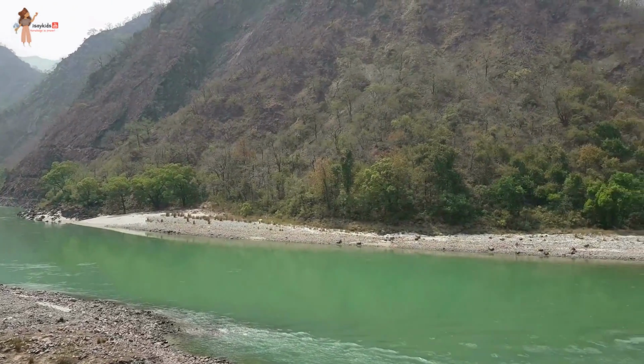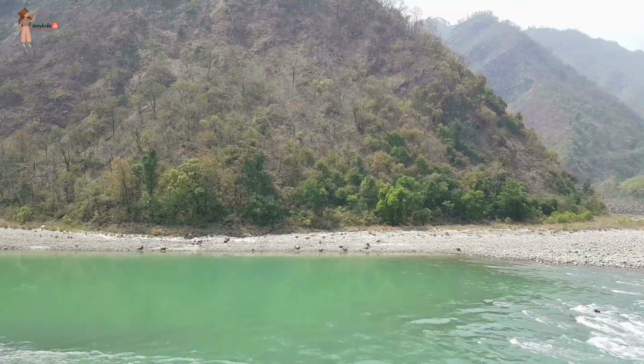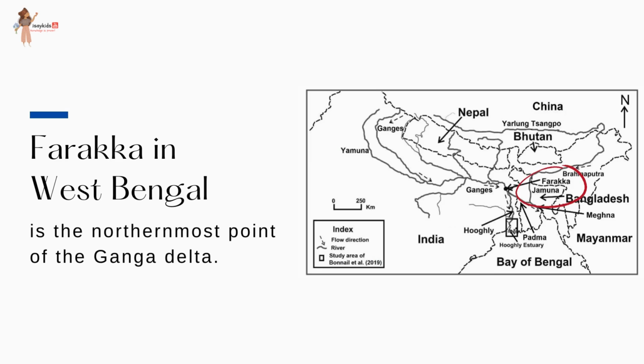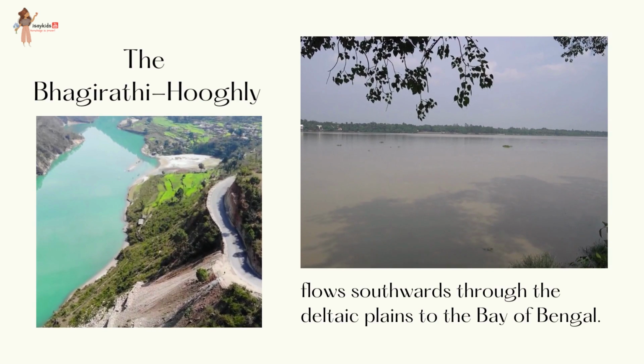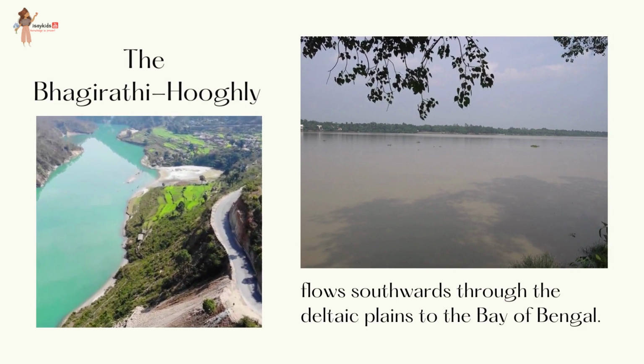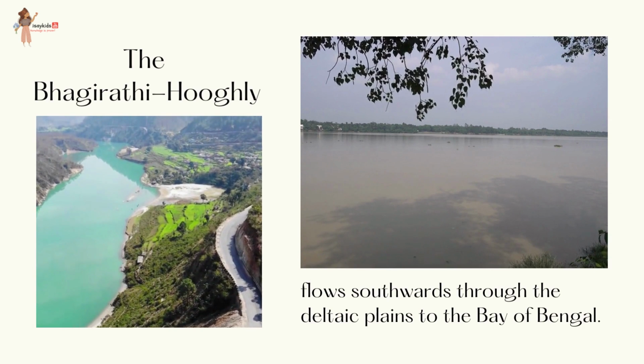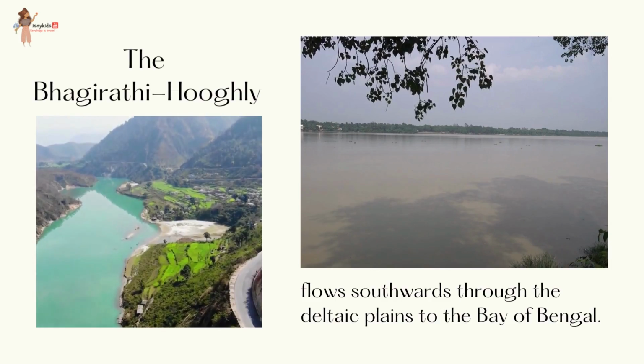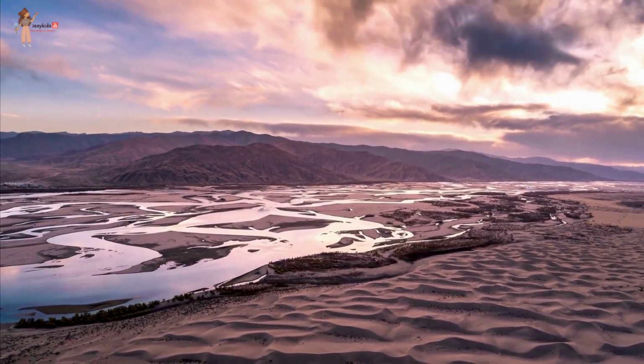Enlarged with its water from its right and left bank tributaries, the Ganga flows eastward till Farakka in West Bengal. This is the northernmost point of the Ganga Delta. The river bifurcates here. The Bhagirathi Hooghly, which is a distributary, flows southwards through the deltaic plains to the Bay of Bengal.